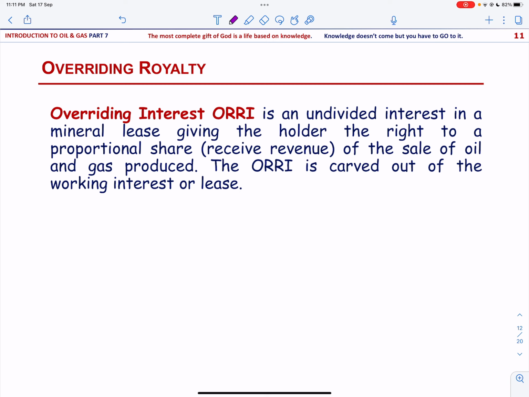So, unlike minerals, which last in perpetuity, an override is tied to the lease. So, once that production stops and that lease expires, the override also goes away.